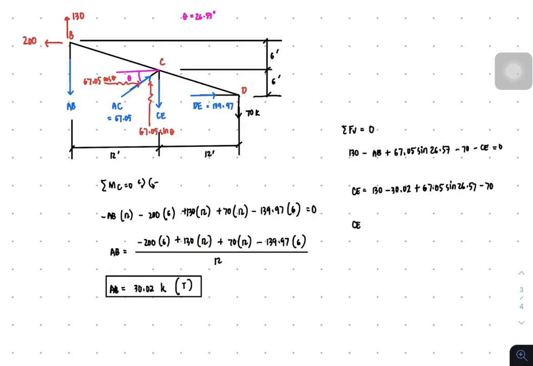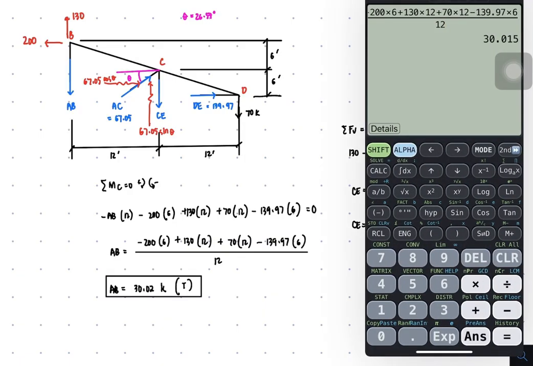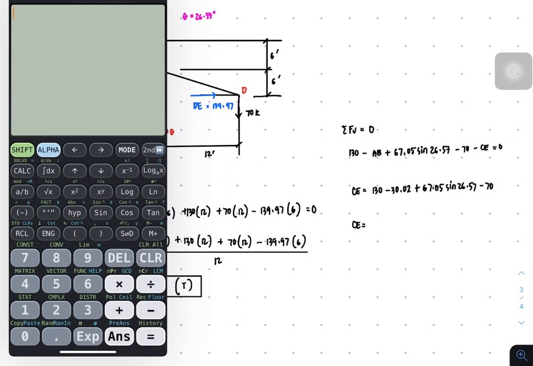So our CE value is, let's get our calculator: 130 minus 30.02, then plus 67.05 sine of 26.57, and then minus 70.